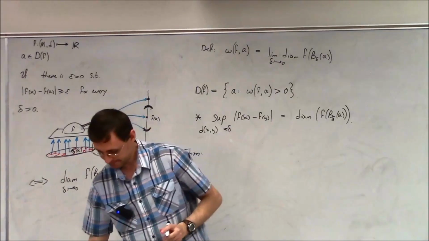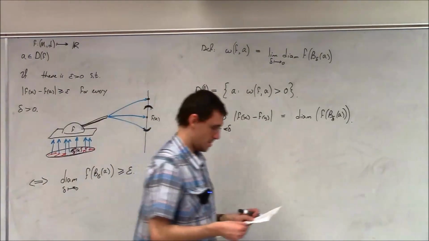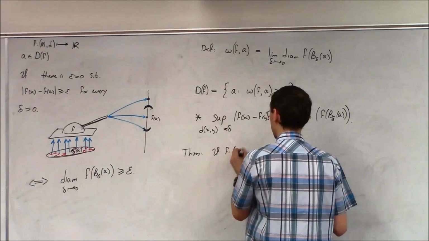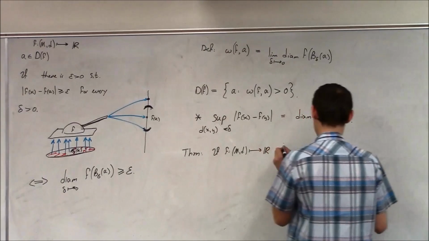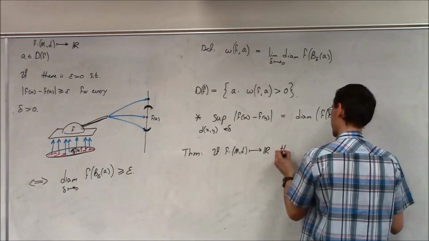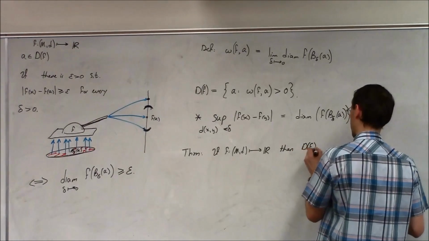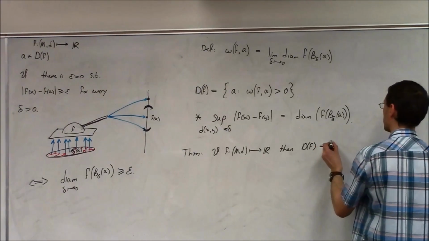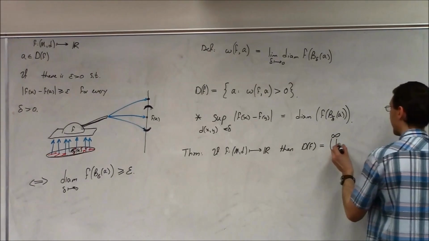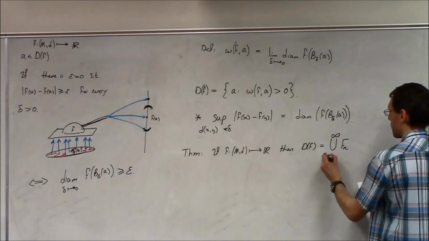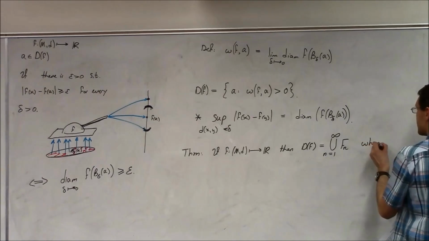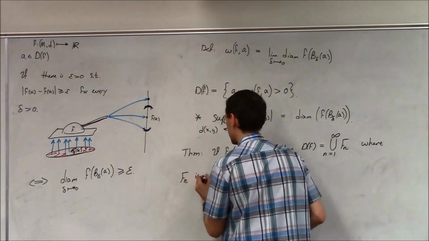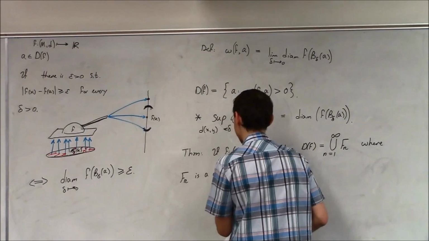The theorem is, and we can state it already for all metric space functions: if f goes from M_d to R, then the set of discontinuities of f is equal to the infinite union of F_n, n going from 1 to infinity, where F_n is a closed set.